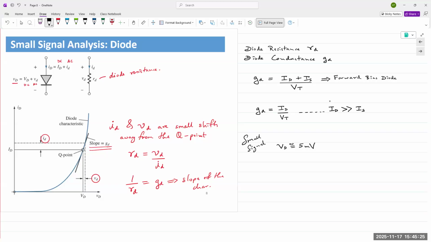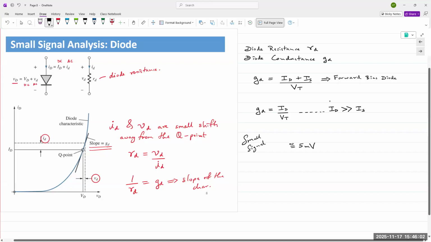The logic being that the nonlinear device will exhibit linear properties or linear characteristics for a very small portion of the characteristic. So the question being asked is what does that VD represent? It's the AC. It should be AC. So sorry, let me make it lowercase v, lowercase d.